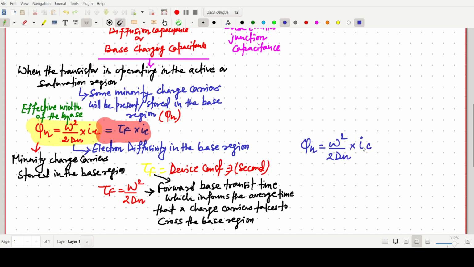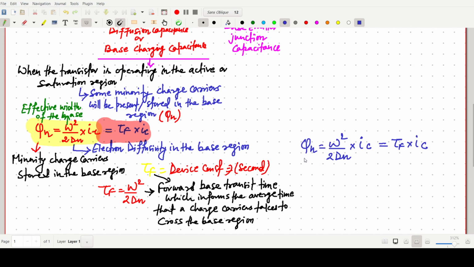That formula you have to remember. And this one is nothing but simply Q equals to It, current into time. So we write tau f into Ic, where this tau f is nothing but simply our device constant or forward base transit time. So this one is the important formula.